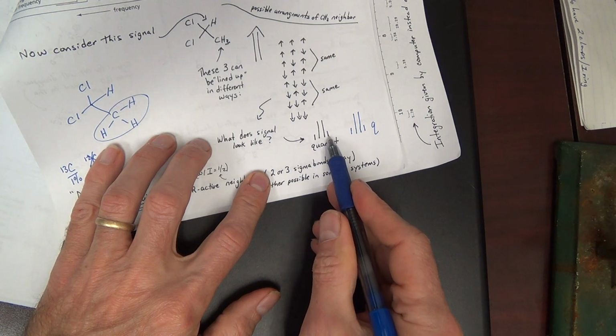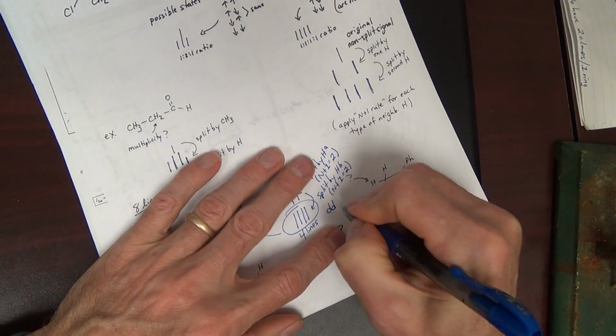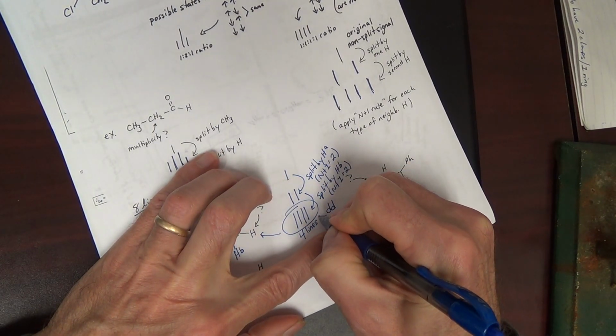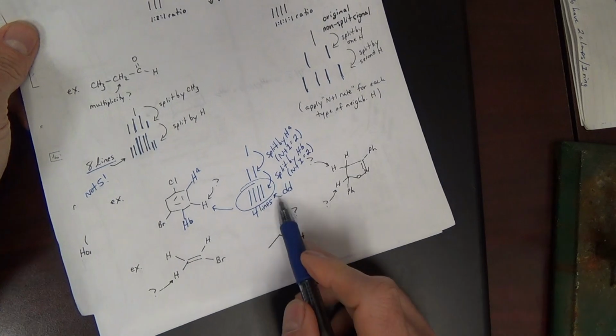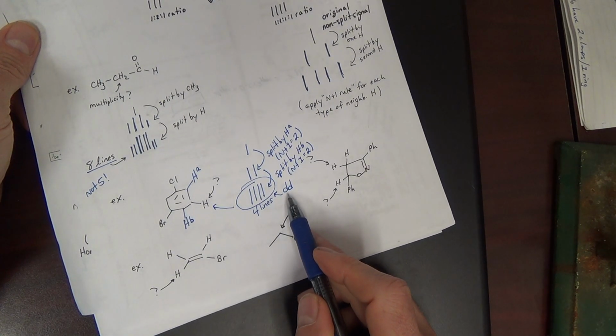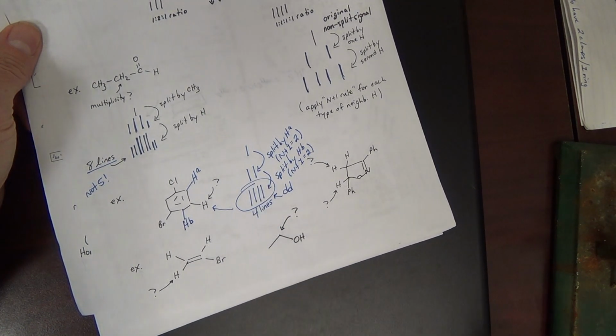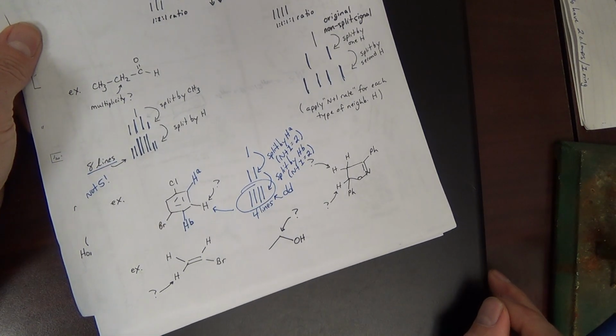Remember, 1, 3, 3, 1. This is called a DD, which stands for a doublet of doublets. Each line is going to be approximately the same height.